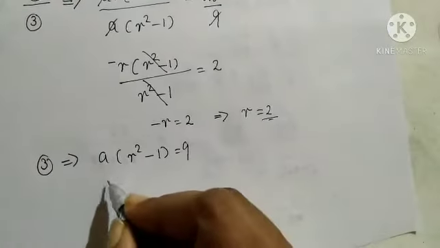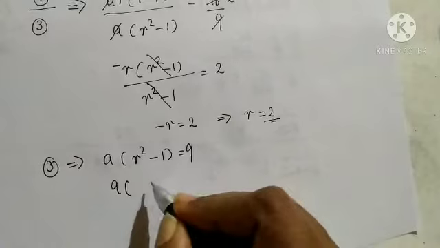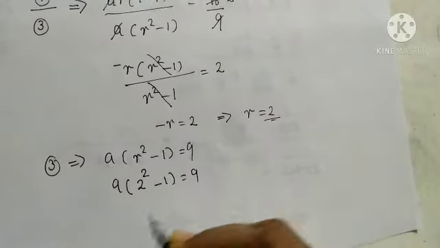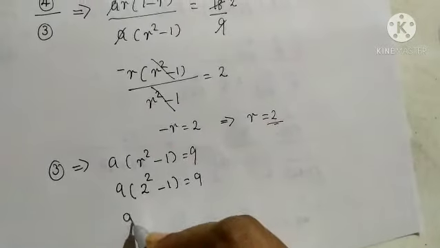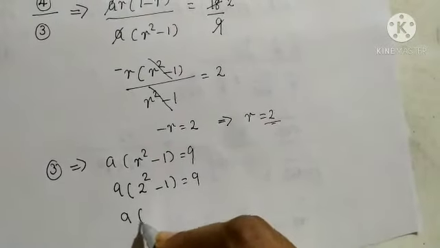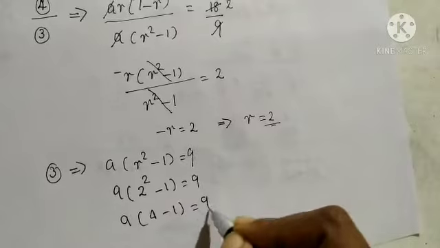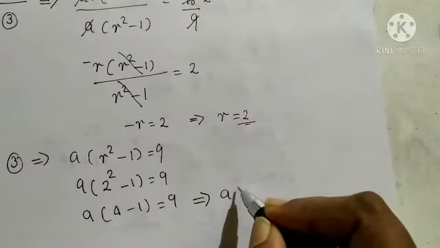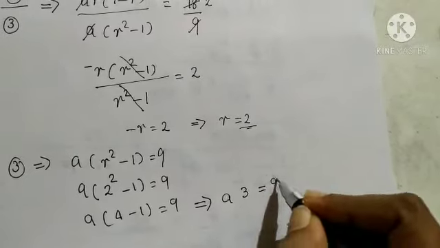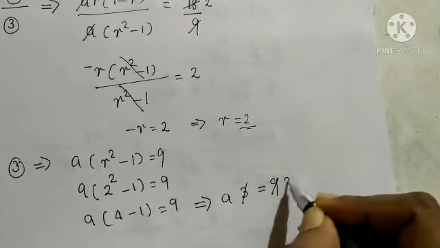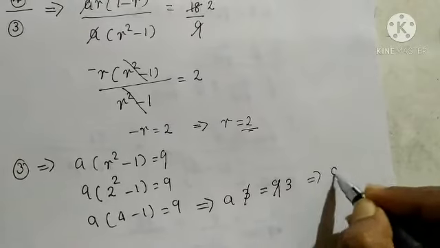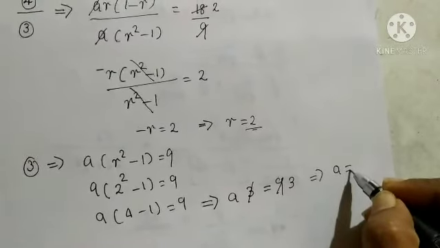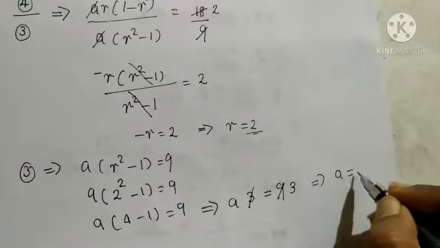So substituting the value of r, r is minus 2, so substituting here minus 2 square minus 1 equal to 9. We get a into 4 minus 1 equal to 9, which implies a into 3 equal to 9, and these 3 and 9 will cancel, and we get the value of the first term. a is the first term, right? So the first term is 3.